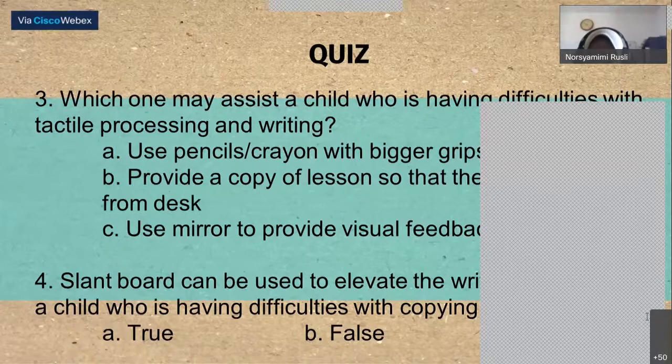The activity is just for the purpose of screening, so it's not really standardized. It is based on the Movement ABC, but we can use that as an activity just to observe our children, our students.